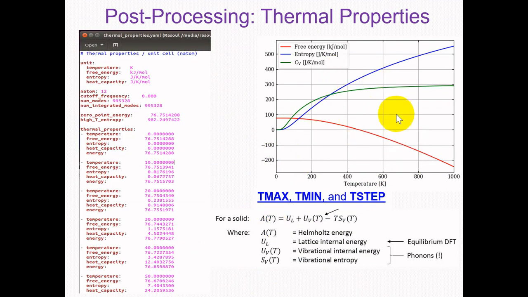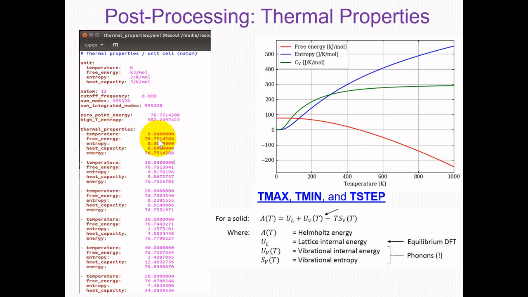So all the values in this plot, Helmholtz free energy, entropy, and heat capacities, will be written to the output file, which is thermal_properties.yaml. As you can see at the top, the unit is defined, temperature is Kelvin and other units. And here you can see that all the values will be written.